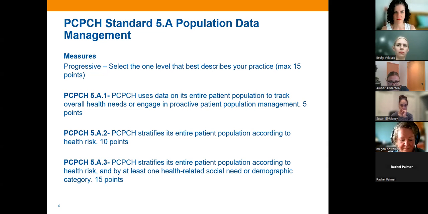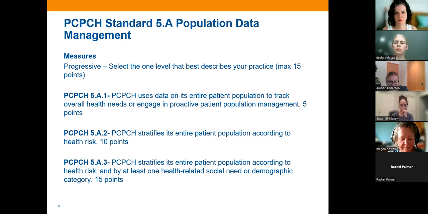Measure 5A3 is a new measure in the standards of 2025 TA guide. It states that the practice stratifies its entire patient population according to health risk and by at least one health-related social need or demographic category. This measure is worth 15 points.